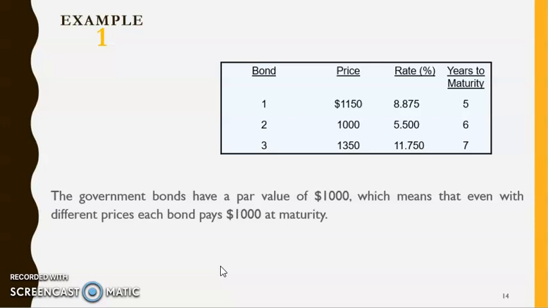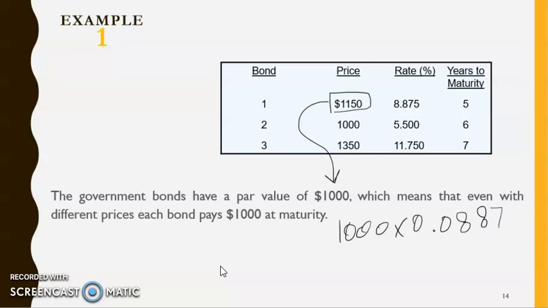But now, if you want to get the bond, you need to pay this amount to get it. But remember, at maturity they pay you only $1,000. The rate is 8.875. So the amount of money that they pay you as interest is $1,000 times this interest rate.